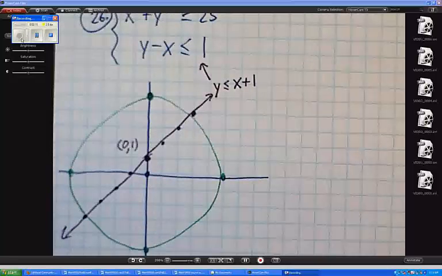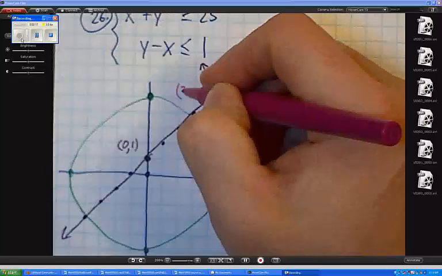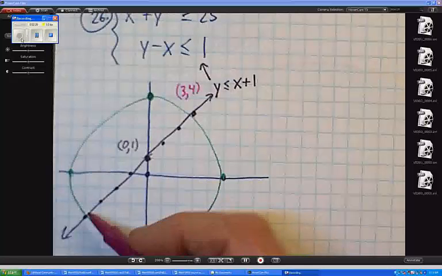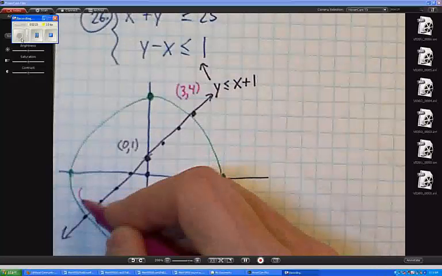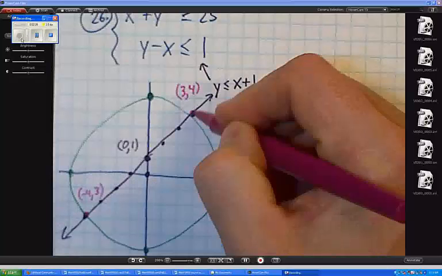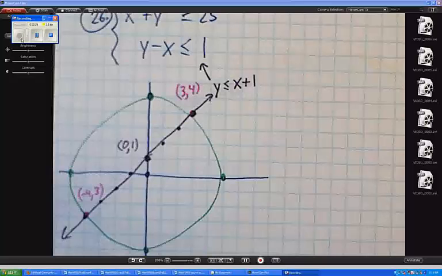So I claim that my magic points of intersection here are 3, 4, and this one would be -4, 3. I think those are the nice points of intersection that I would get. We'll talk about why in a minute here. But the point is that this is the picture if it said equals.